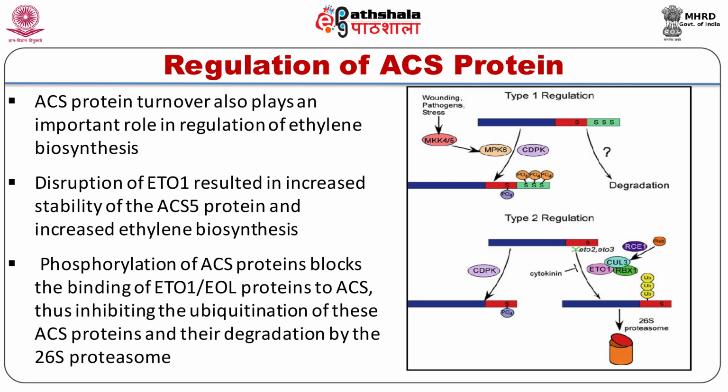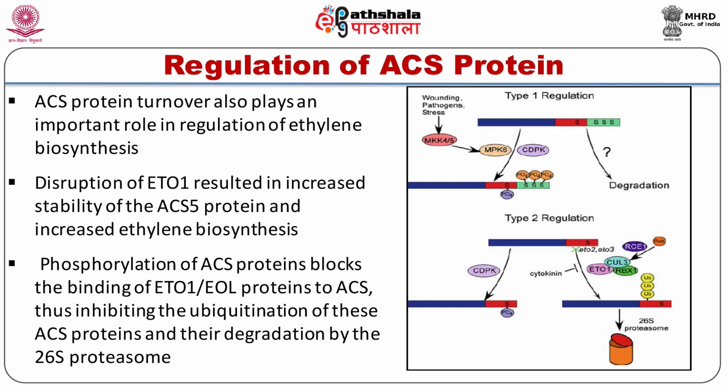Type 2 proteins have shorter C-termini that are targets for only CDPK. Type 3 proteins consist of a very short C-terminal extension that lacks both the phosphorylation sites.